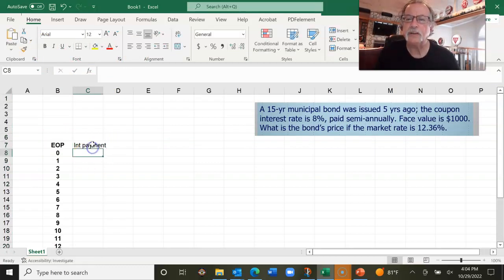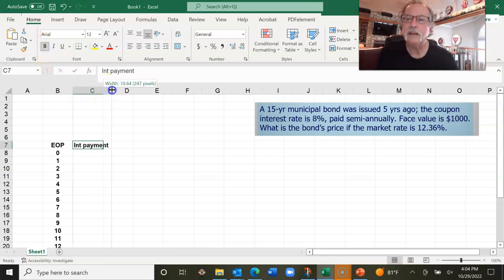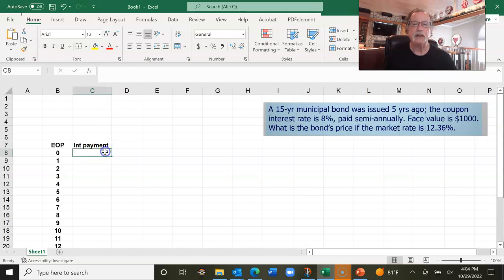I'm going to hard code this in. Typically we'd have the coupon rate, which is set on the day the bond is issued. We're going to pay 8% semi-annually, so it's going to be $40. And it doesn't matter what happens to interest rates, we're going to pay $40.